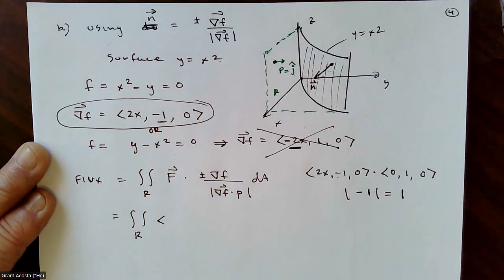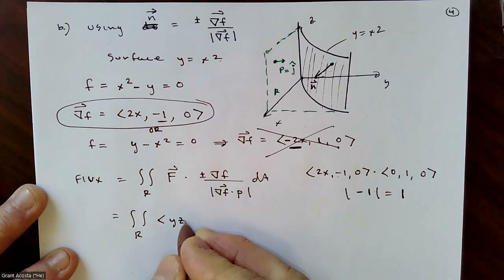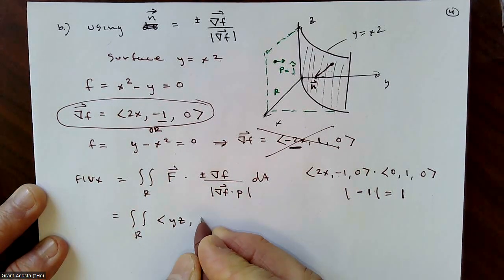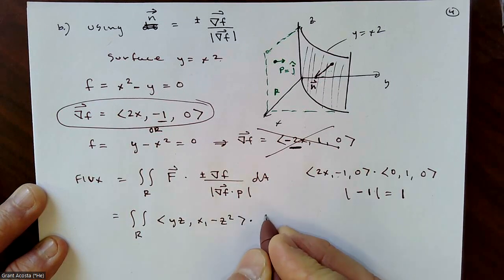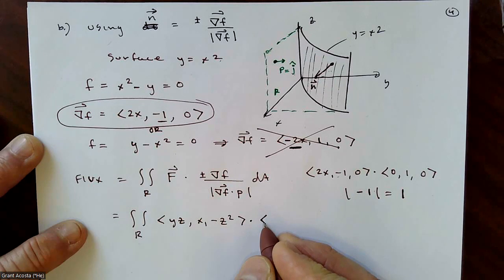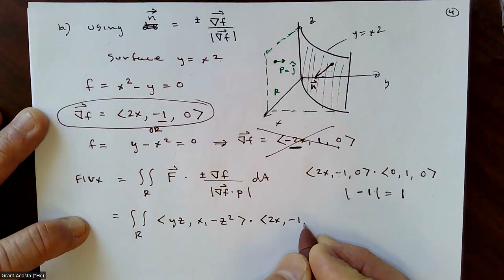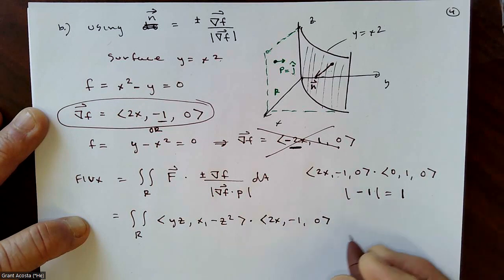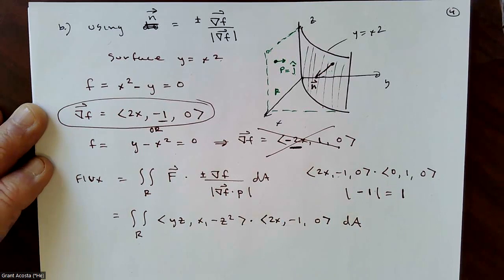So it really is just f, which originally was given to be yz, x, negative z squared, dotted with the gradient, which is 2x, negative 1, 0, because this would be divided by 1.